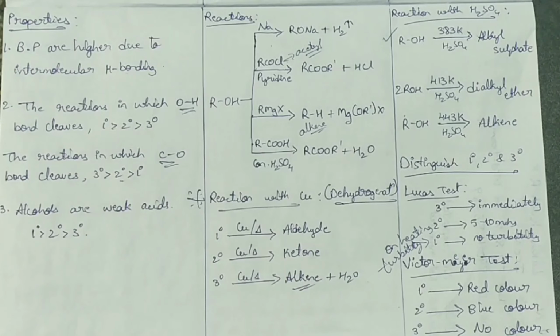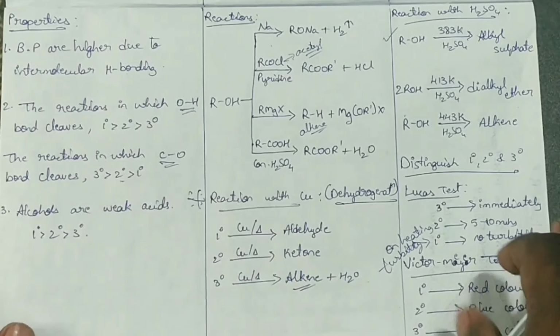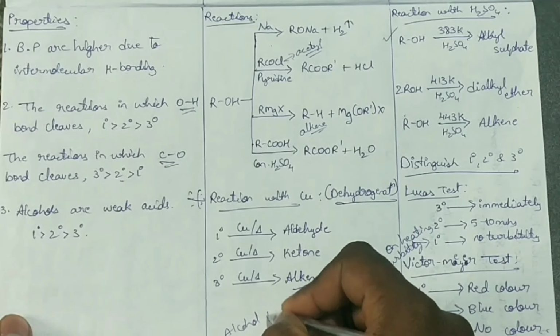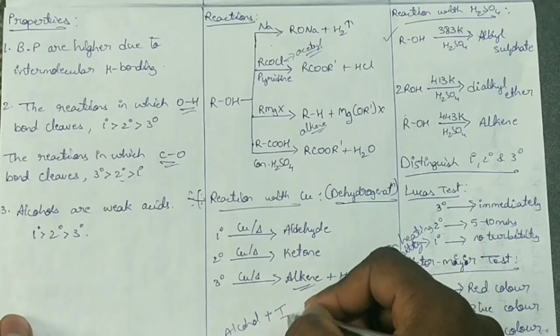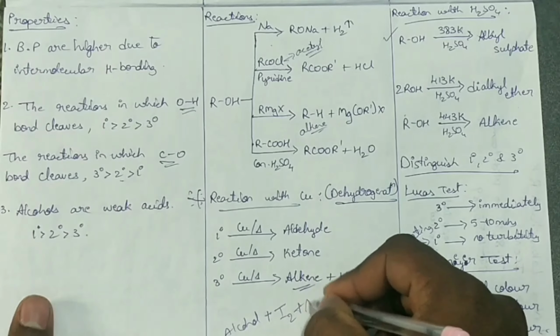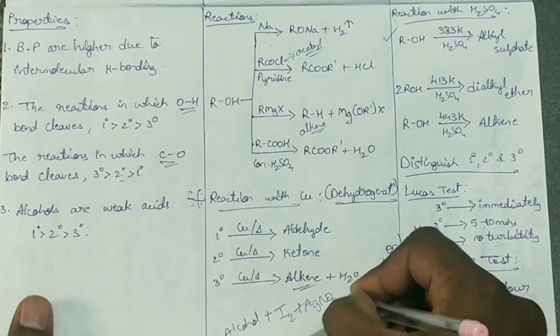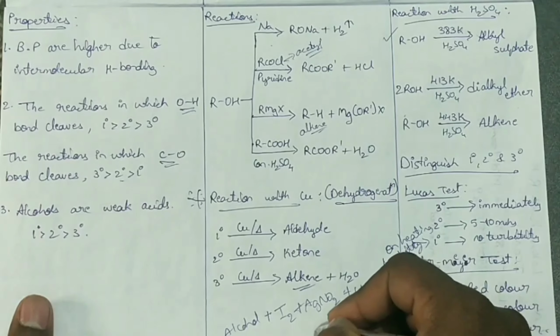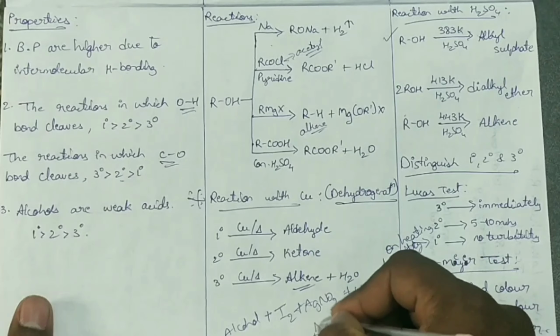The reaction for this Victor-Meyer test is that the alcohol is treated with iodine along with AgNO2 and HNO2 in the presence of an alkali solution like NaOH.